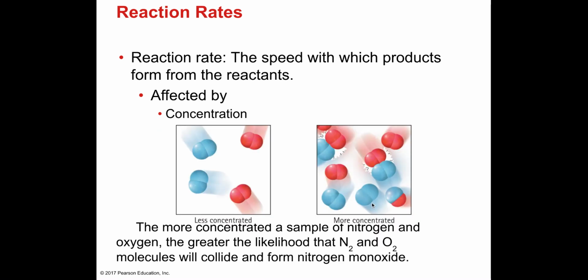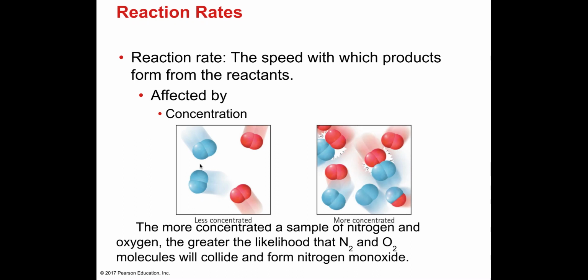Okay, so when we're talking about the reaction rate, we say it's the speed with which products form from the reactant. And so when we're talking about concentration, I want you to see what we mean by concentration. So look at these two boxes right here. This is an example of a concentrated medium, because when we're talking about concentration, it means that you have more molecules in a specific space, right?